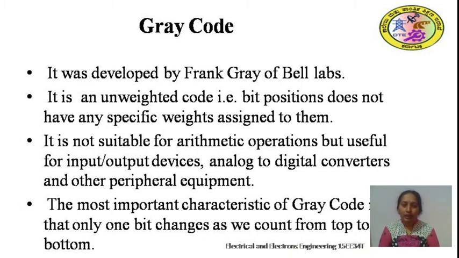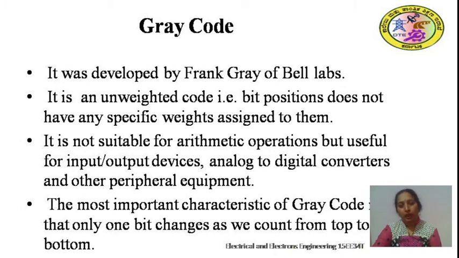So unlike BCD code, this is an unweighted code because bit positions do not have any specific weights assigned to them. Since this is unweighted, it is not used for arithmetic operations, but it is useful for input-output devices, analog to digital converters, and other peripheral equipment.